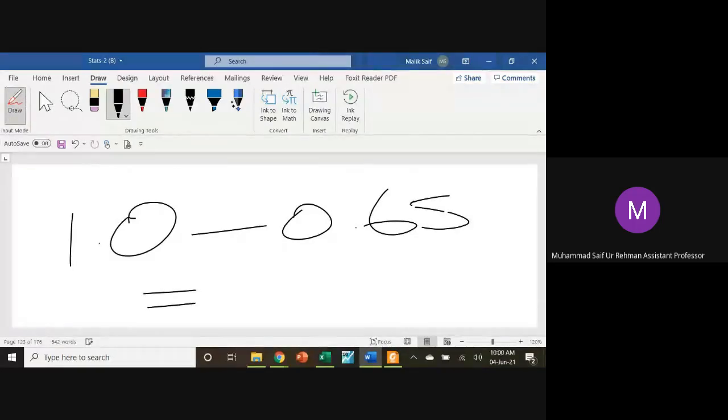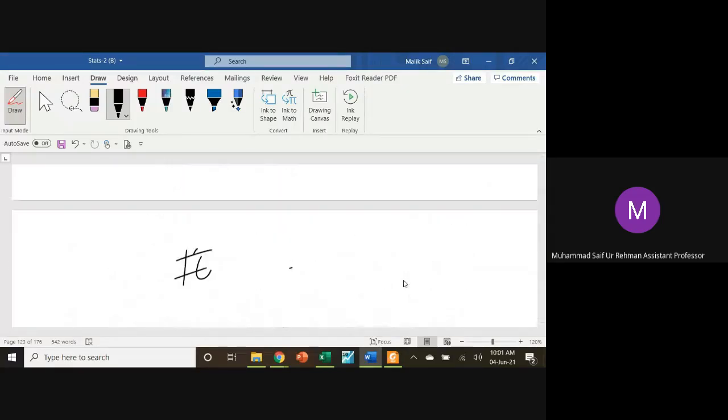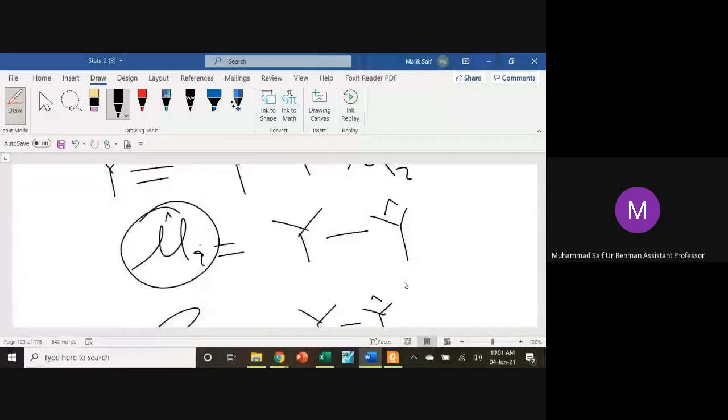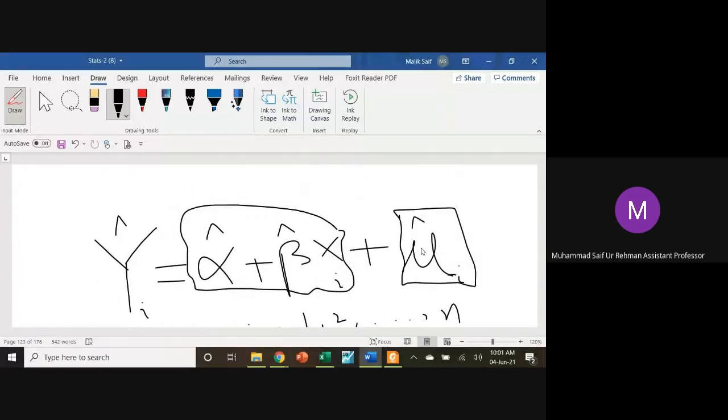This is equal to 0.35. Understand? It means that 35% of the variation in Y is because of the leftover variables that we have not included in the analysis.